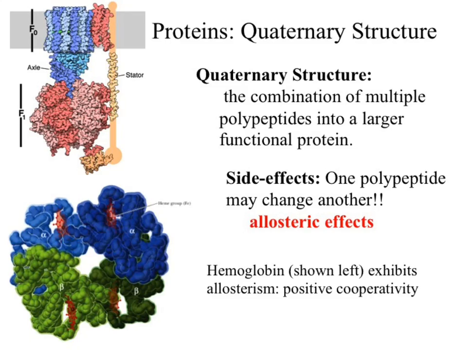Well, if it becomes more exposed, what can it do? It can grab another oxygen. That change further changes the structure, and it alters another subunit. Now that other subunit also changes its configuration and exposes its heme even more, which now means more oxygen can bind.